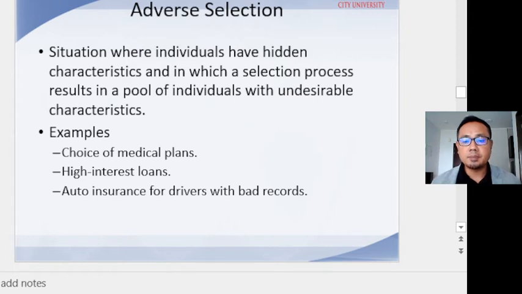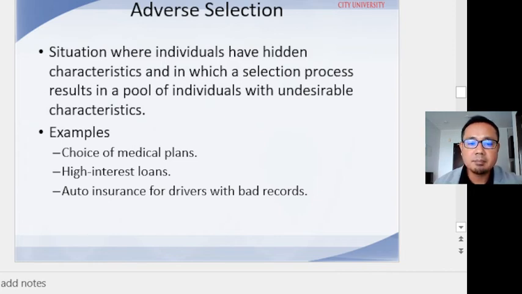Adverse selection explains why people with poor driving records find it difficult to buy automobile insurance. Suppose there are two types of people with bad driving records. The first are those who are poor drivers and frequently have accidents, and the second are those who are good drivers but purely due to bad luck have been involved in numerous accidents in the past.